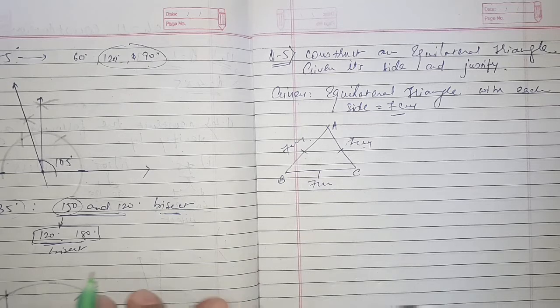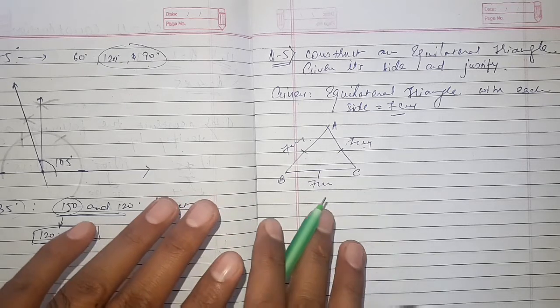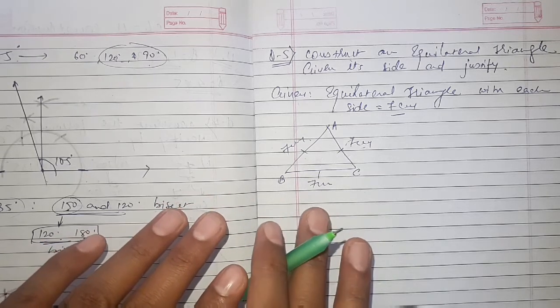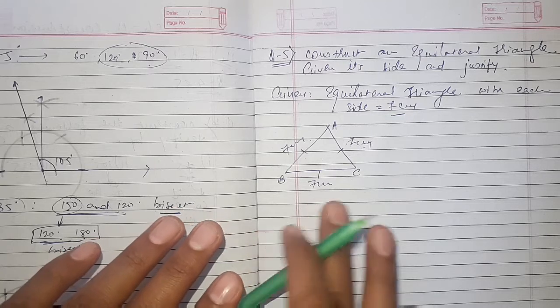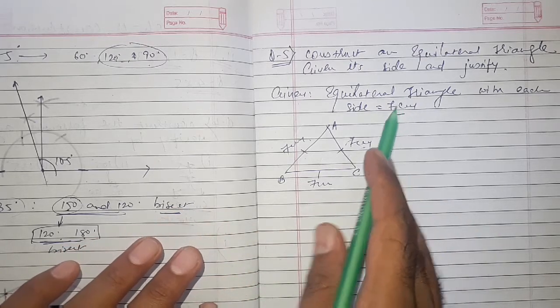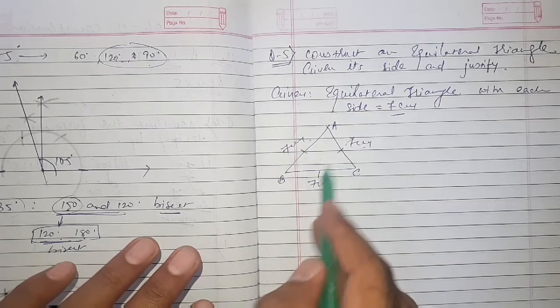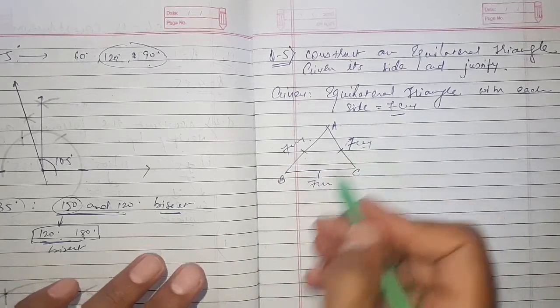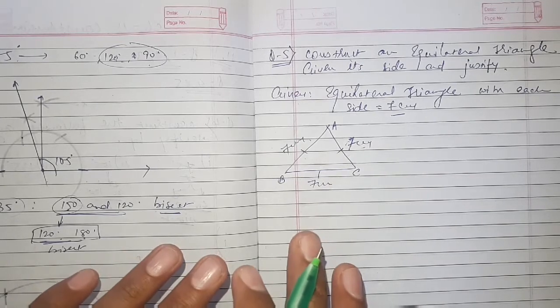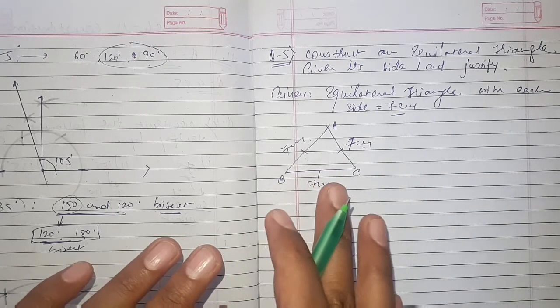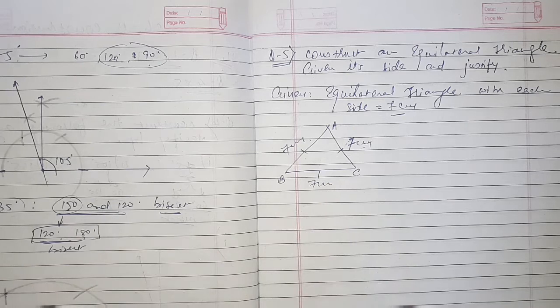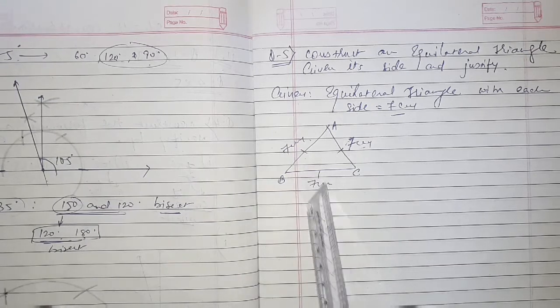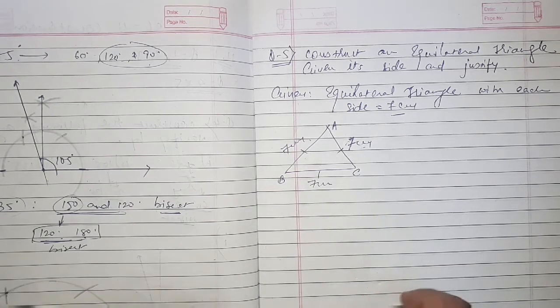Just keep in mind that whatever measurement you take, all of these sides have the same measurement. Take the same measurement for all of the sides. Okay, so now here is the triangle ABC.